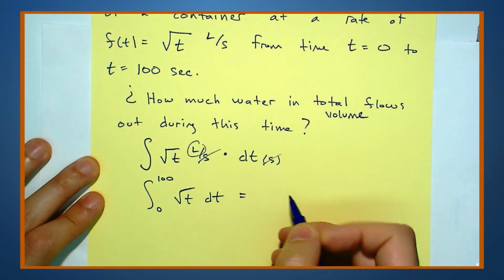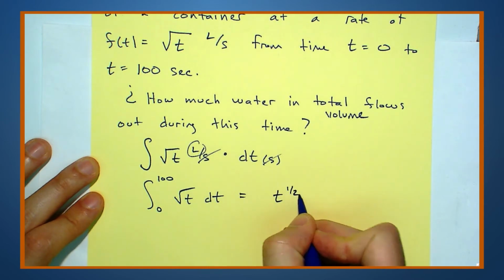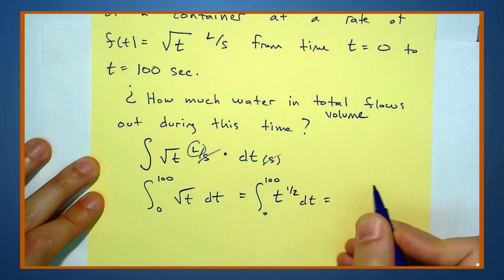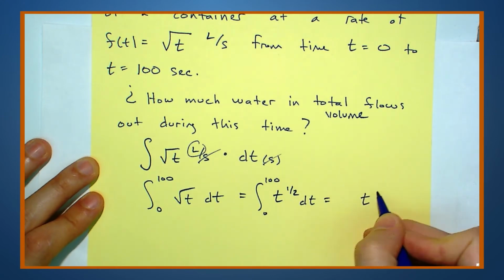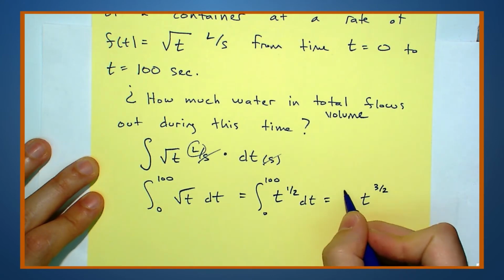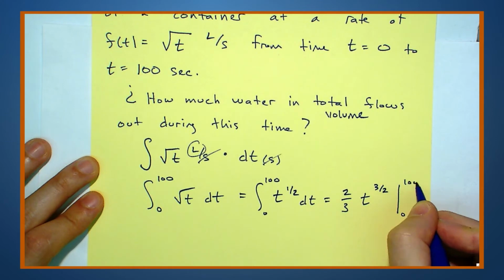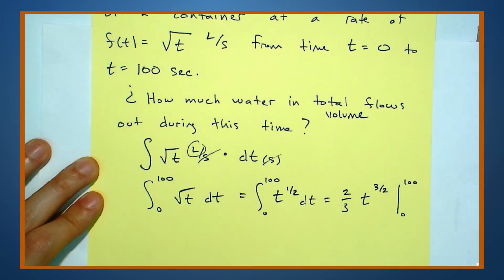Now we just need to remember that the antiderivative of t to the 1/2 power is t to the 3/2 power times 2/3. And we're using the fundamental theorem of calculus here to evaluate this integral. So let's plug in.